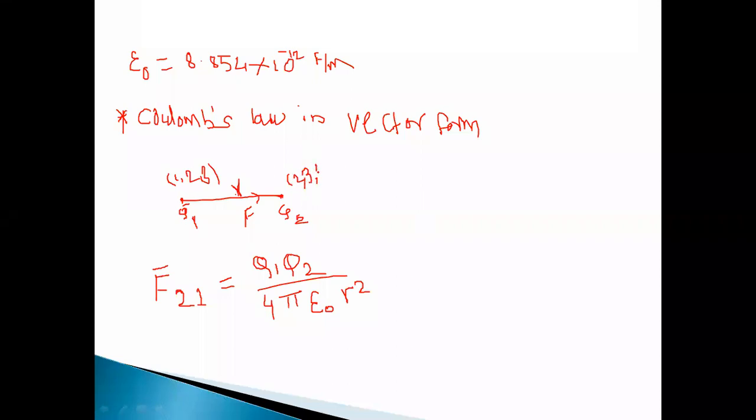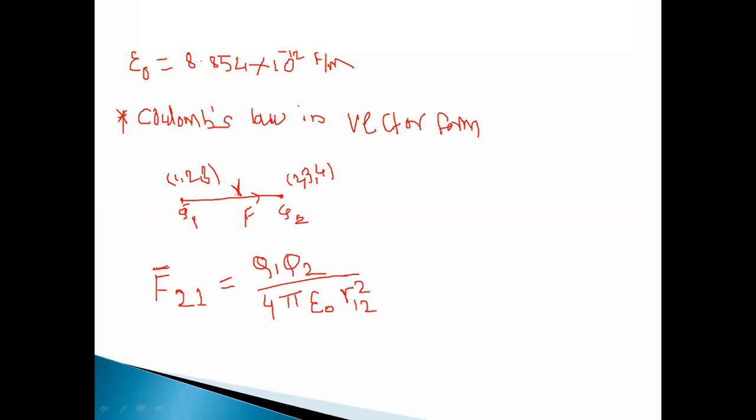Just tell me from which point to which point you are going, which distance you are measuring: from charge Q1 to charge Q2, right? Therefore this distance is taken as r12 square.